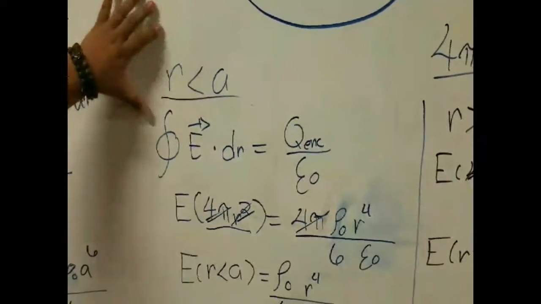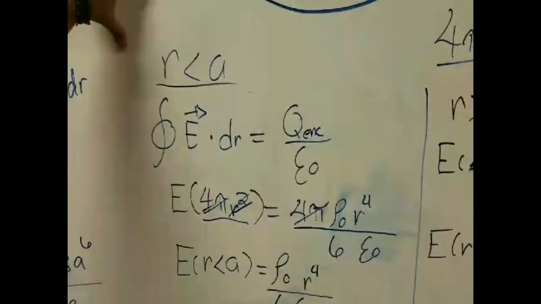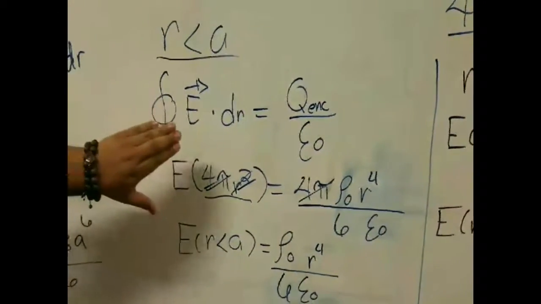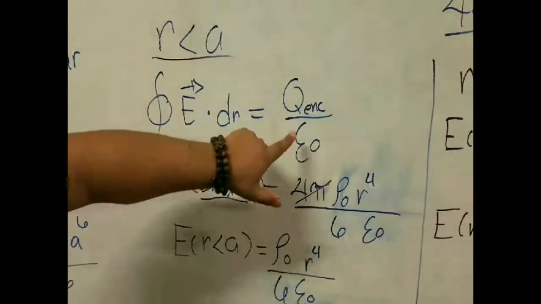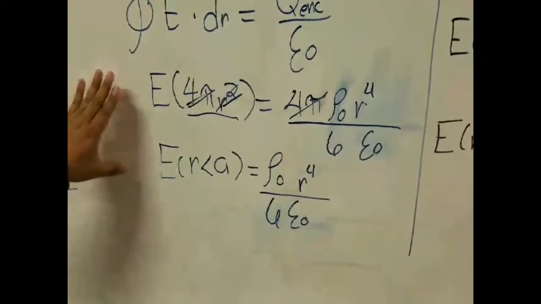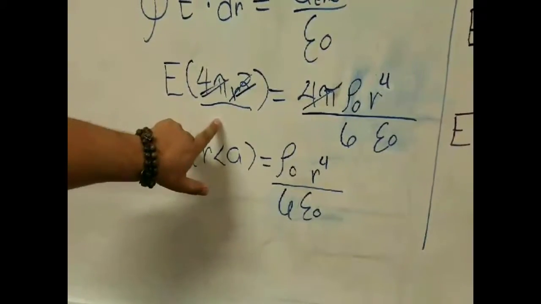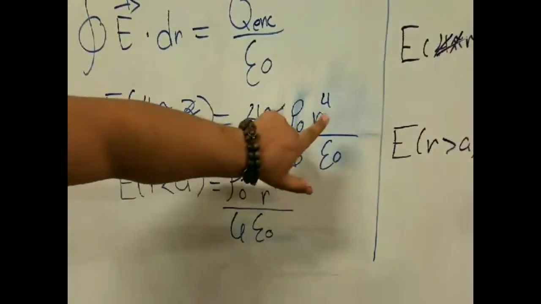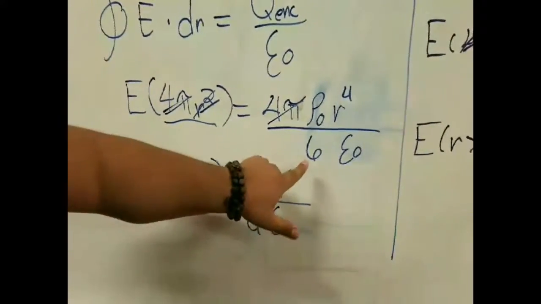From here, we have r is less than a. We have the integral of E dA equals Q enclosed over epsilon naught. And following the equation, we have E times 4 pi r squared, again the area of the sphere, equals 4 pi rho naught r to the 4th over 6 epsilon naught.